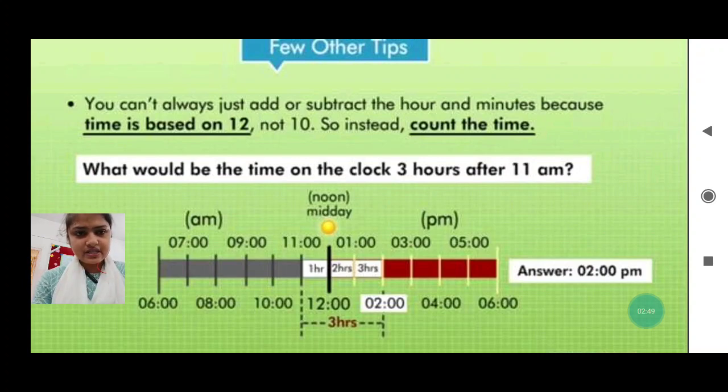It is diagrammatically shown to you all here how it works. So till 2 o'clock, 3 hours have passed. What time will it be after 3 hours from 11 a.m.? After 3 hours from 11 a.m., the time is 2 o'clock, and 3 hours have passed. It means the time is right now 2 o'clock.